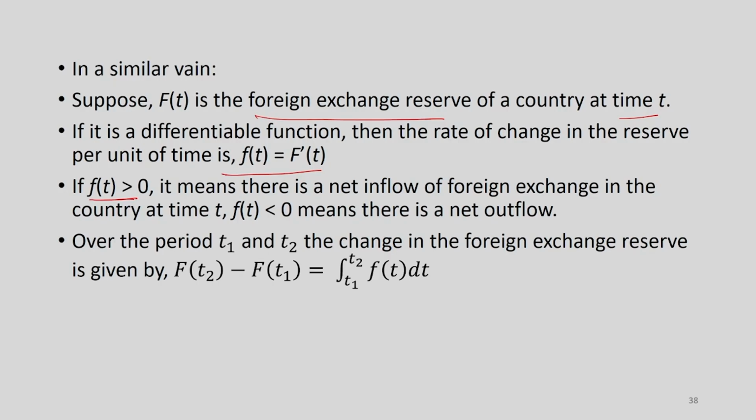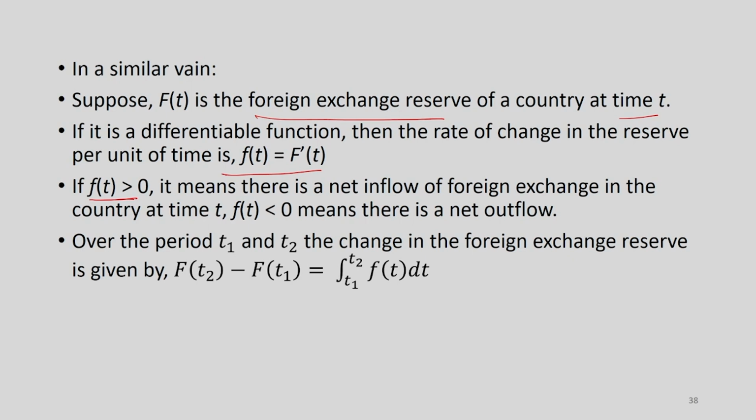On the other hand, if small f t is greater than 0, then the foreign exchange reserve is accumulating in value. Now, notice I said that this example is similar to the oil well example. It is similar, but not exactly the same. In the case of the oil well, the extraction goes only in one direction.